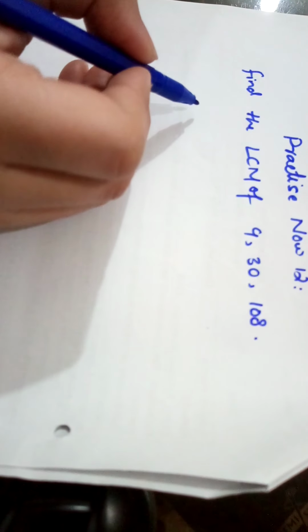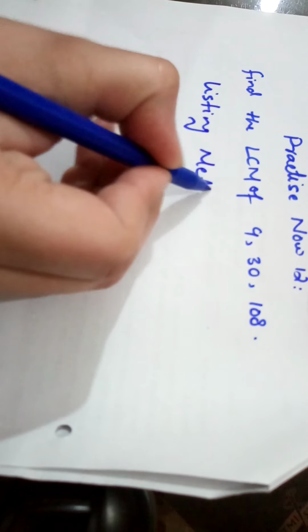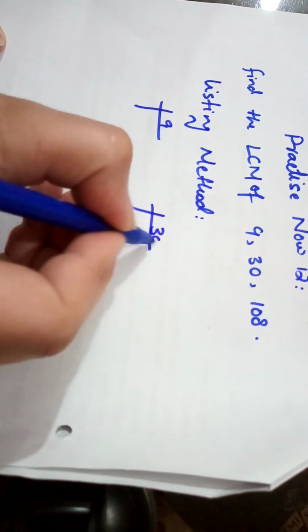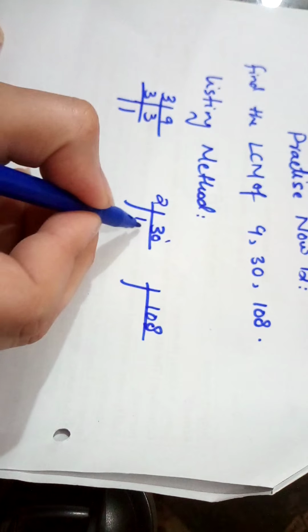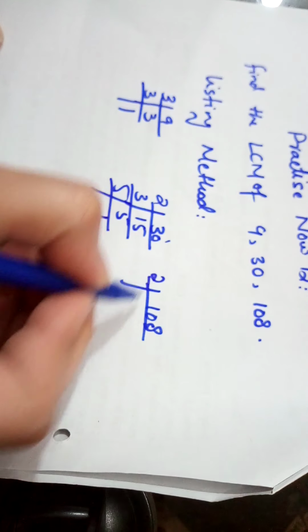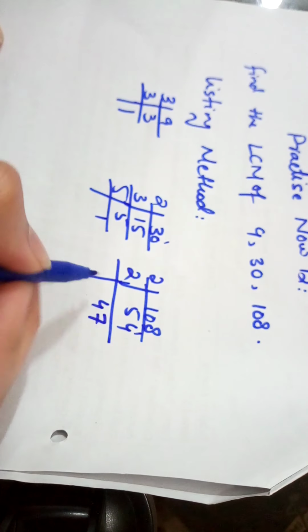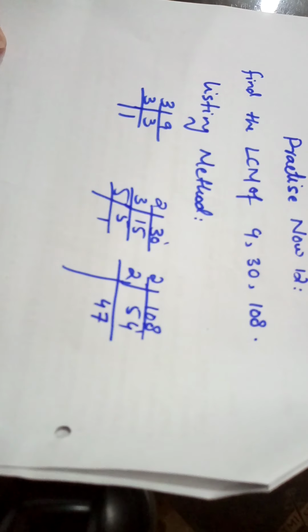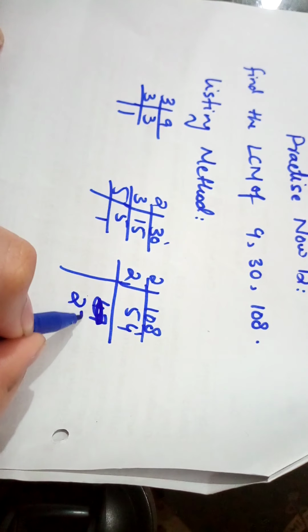So first of all, for the listing method, we make the factors of 9, 30 and 108. 3 3s are 9, 3 1s are 3. 2 1s are 2, 2 5s are 10, 3 5s are 15 and 5 1s are 5. 2 5s are 10, 2 4s are 8. 2 2s are 4, 2 7s are 14.